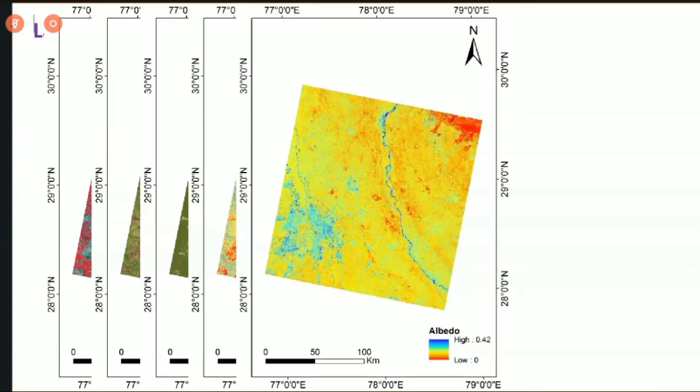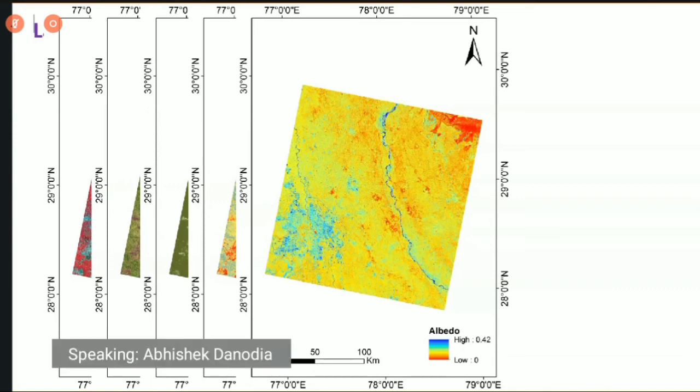Then come to the albedo. Albedo defines the fraction of radiation relative to total radiation in the short wavelength, not the long wavelength. For the albedo calculation here, we use band 2 to band 7 of Landsat 8 with specific coefficients, which are also available in various research papers.